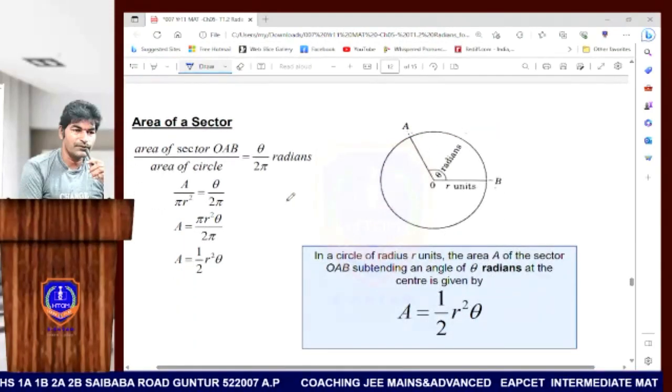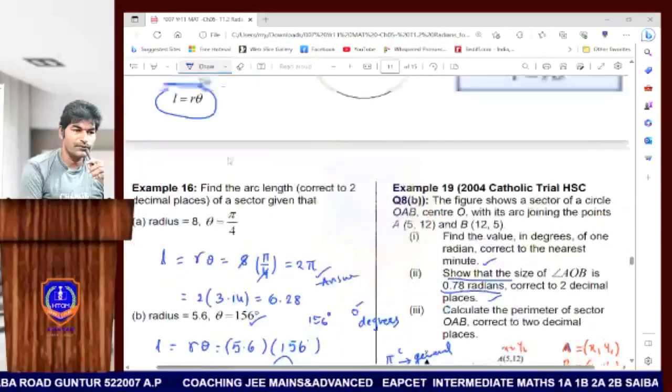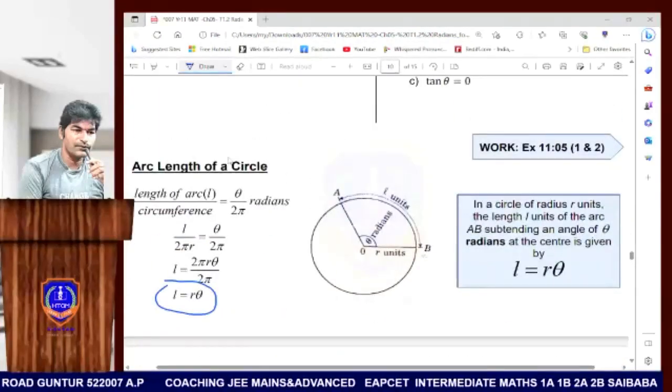Area of sector. The formula is derived like this: area of a sector OAB divided by area of a circle. The same type of measurement we used to derive L equal to R theta should be taken.